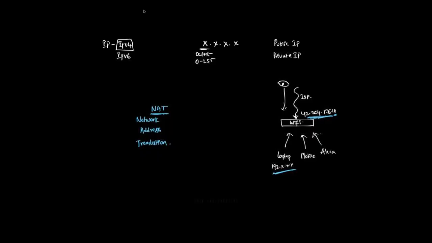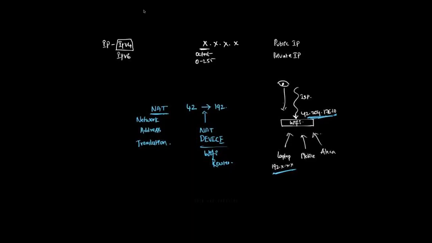It takes the 42 series and connects it to the 192 series. And who is doing that? That is done by the NAT device, which is your Wi-Fi router. Your Wi-Fi router is a NATing device. It takes one internet connection and splits it across multiple devices, and that's what happens.